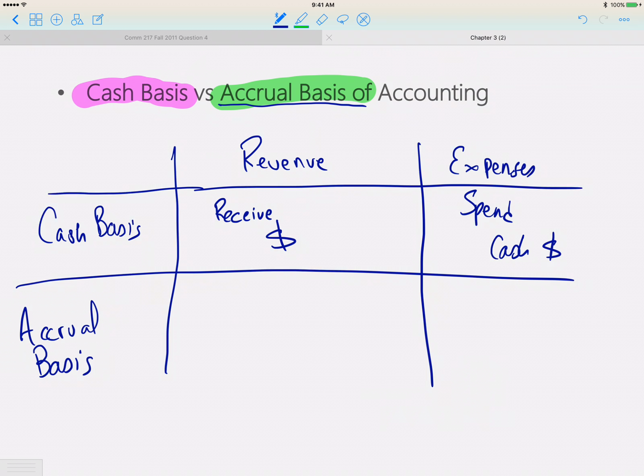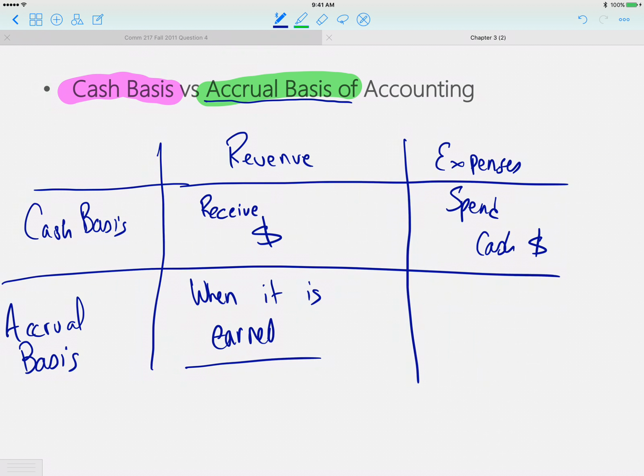So under the accrual basis, we recognize a revenue when it is earned. So we're not concerned with when we actually receive the cash. Under the accrual basis, when a revenue is earned, we recognize it. And it is the same with an expense. We don't care when we spent the cash.